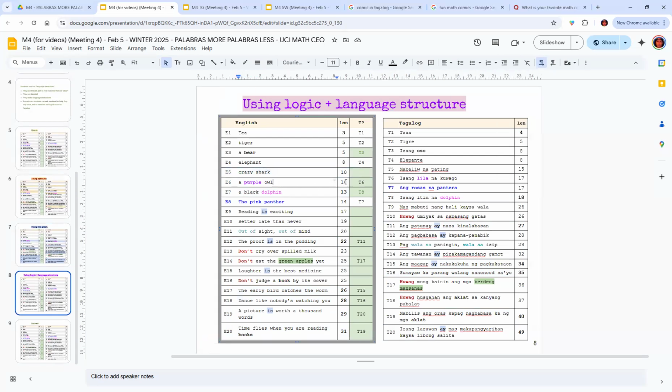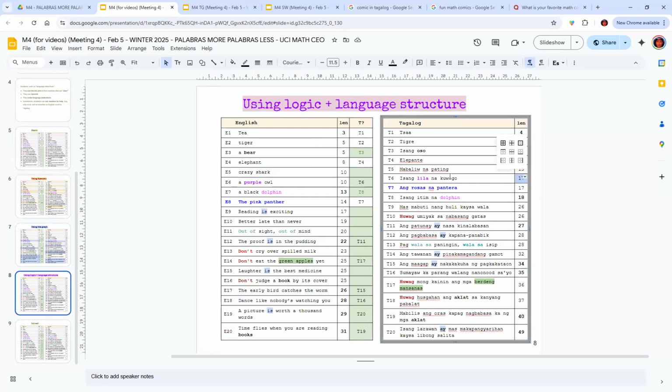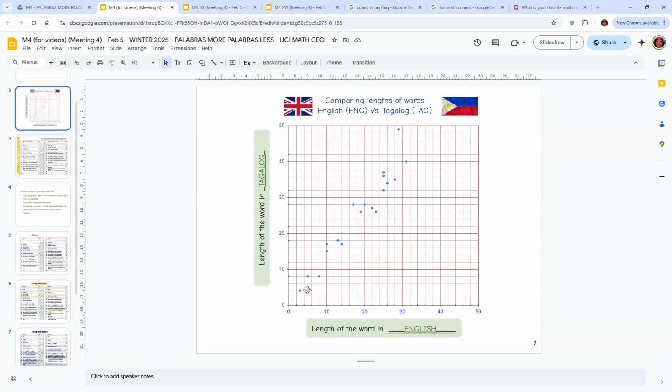I already matched 10 E6, right, to T7. So I already know that 110 goes with T6, which is a 17. I already know that 110 goes to 17. Let's see if I find that in my graph. 10 goes to 17 here.